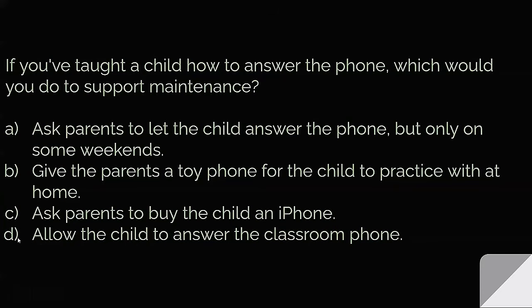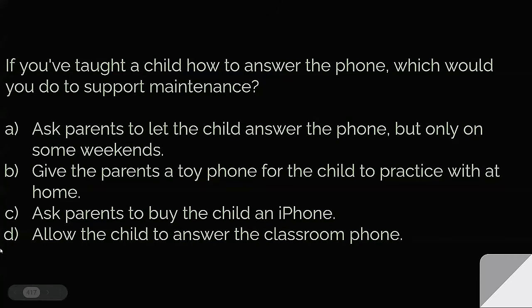D, allow the child to answer the classroom phone. And that's where I'm going with this. Okay, so A and D are probably the answers I want you to consider. And A, for whatever reason, limits answering the phone, whereas D gives you more opportunities. We aren't told how many calls come into the house or the classroom, so without that information, let's just assume they're the same.